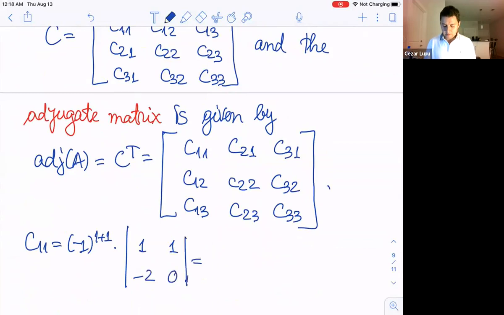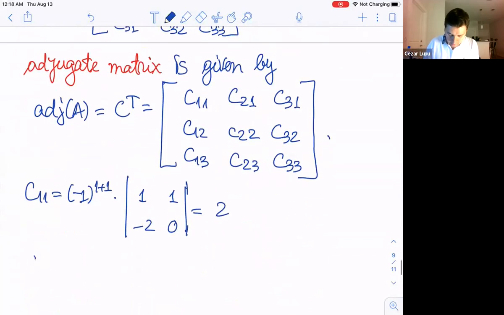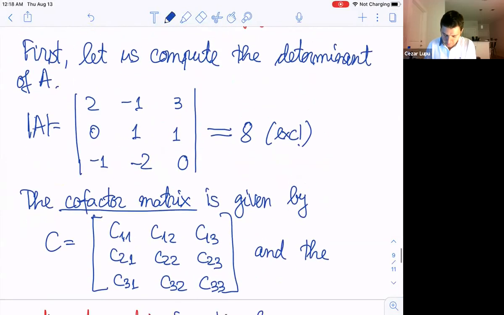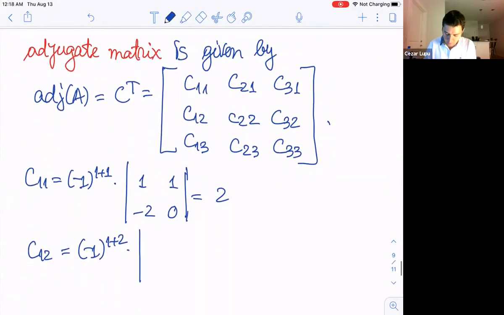Which will give us, according to my computation, 2. Then C12 will be negative 1 to the power 1 plus 2 times 0, 1, negative 1, 0. This will be negative 1.